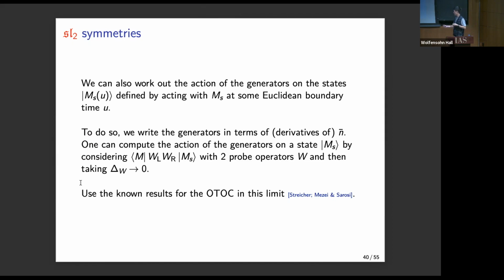And this length is computed by the size. And the size, therefore, just gives us the 4-point function. So we just need to know the OTOC in the standard large Q model. And thankfully, that was already computed in various papers. So if we know the OTOC, we can work out the action of the symmetry generators on these boundary states.